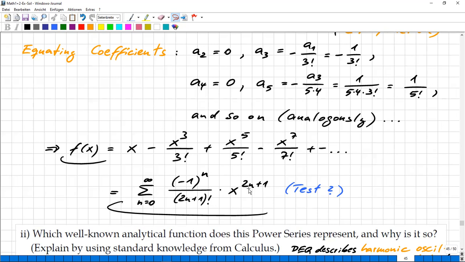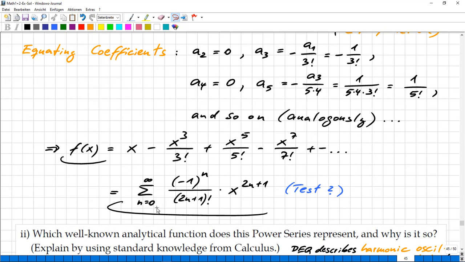So I try using power 2n plus 1, then I test it: if n equals 0, I have x to the power 1, so that's my linear term. The sign gets positive. The n value is still 0, although the exponent is equal to 1 right now. So I get a positive sign, I get 1 factorial below, and that's just my linear term x.